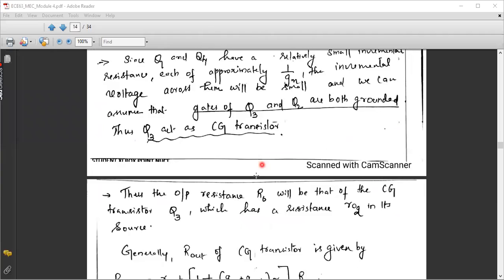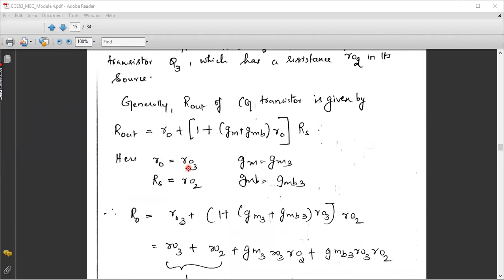Therefore, instead of writing R0 precisely, I will write it as R03, and 3 indicates the transistor number. So R03 plus 1 plus GM is replaced by GM3, GMB is replaced by GMB3, R0 is replaced by R03, into the series resistance.